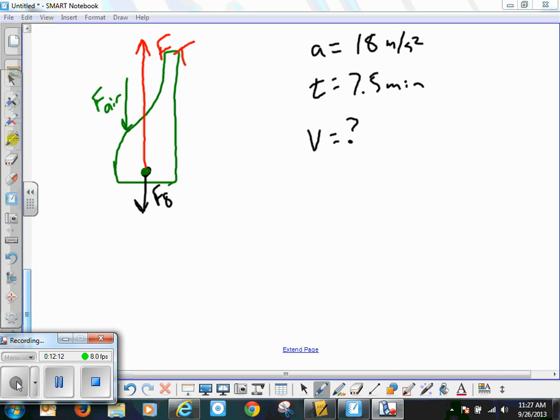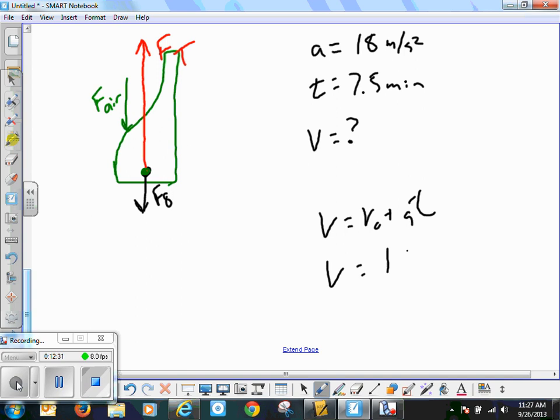So the question is, what velocity do we have after we accelerate for 7.5 minutes at 18 meters per second squared? Well, that should be easy, right? V equals V sub naught plus at. We assume that it starts at 0. So V equals 18 meters per second squared times 7.5 times 60.